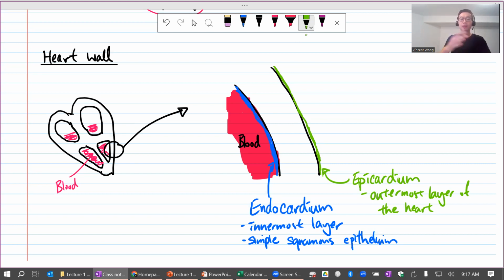Both the endocardium and the epicardium are relatively thin. And right over here in the middle, that's the muscle of the heart. We call that the myocardium. It's the muscle. It's the thickest part of the heart wall.